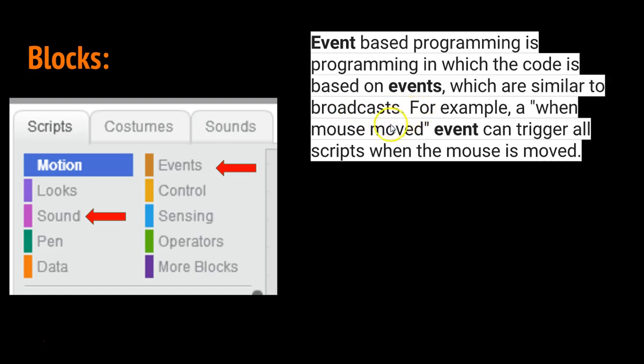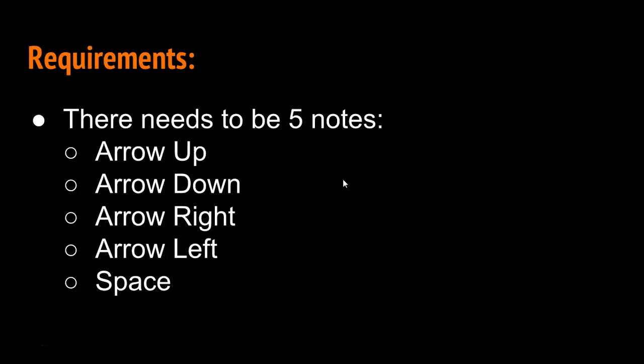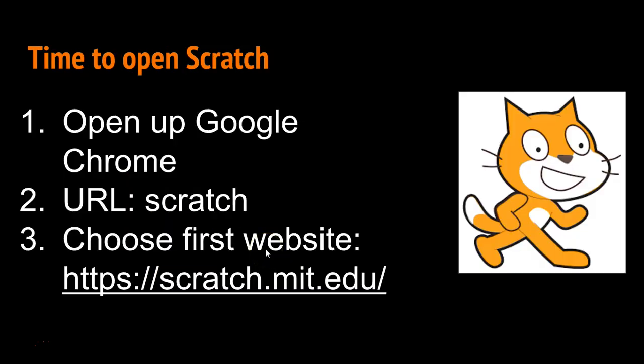For example, when the mouse is moved, the event can trigger all scripts when the mouse is being moved. Now the requirement of this is that there will be 5 notes. When you first start off, I want you to have the basis of coding for an up arrow, a down arrow, a right arrow, a left arrow, and a space.